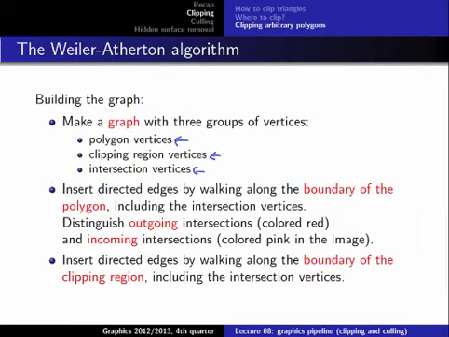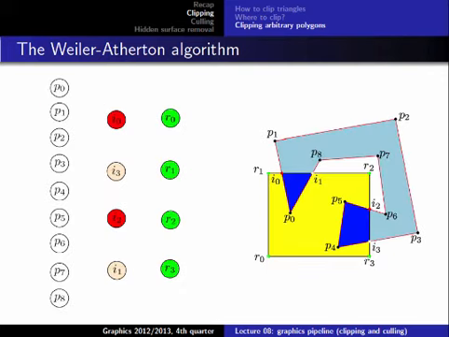So first of all, we start by integrating the edges that represent the shape of the polygon. And that would of course be, if we start with P0, directed edges where we go from P0 to P1 to P2 and so on till we're up at P8, and then we go back to P0. But of course that only represents the polygon. If we want to use it to get the clipped polygons, we need to also see how the intersection points relate to that.